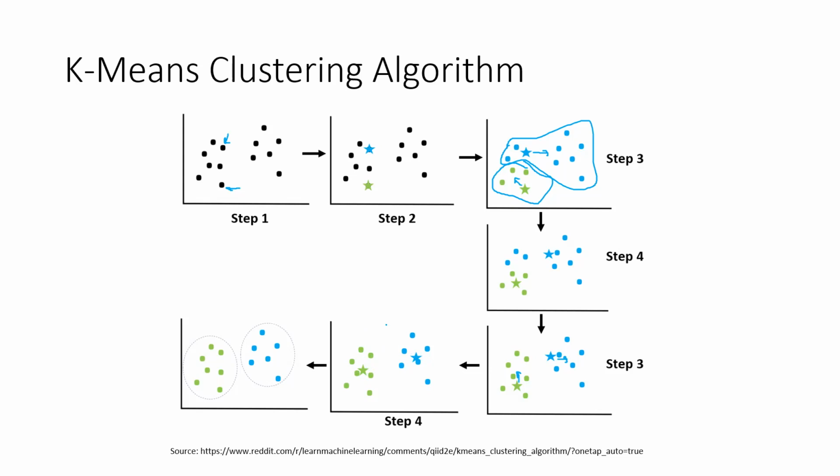Because of that, we know that the K-means clustering algorithm has finished. So this is the final K-means clusters. This should be the centroid of this cluster, and this should be the centroid of this cluster. This is the K-means algorithm in brief, right?